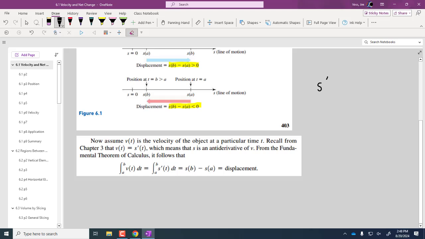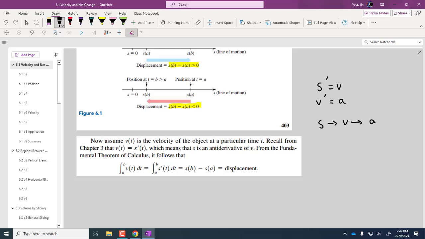So position's derivative is velocity, and then velocity's derivative is acceleration. And then you can go backwards as well. So we kind of think of this sequence of events. Derivative brings you to velocity, derivative brings you to acceleration. If you wanted to get to V from A, you would integrate, and to get to S from V, you would integrate again. So we've got those three ideas that we can go back and forth between with integration and derivatives.